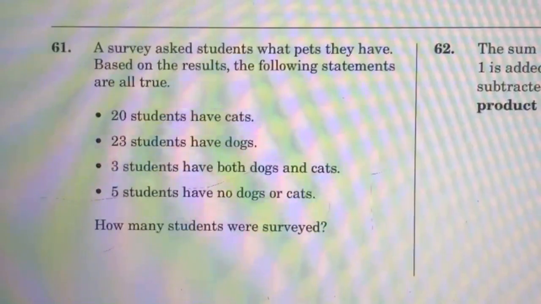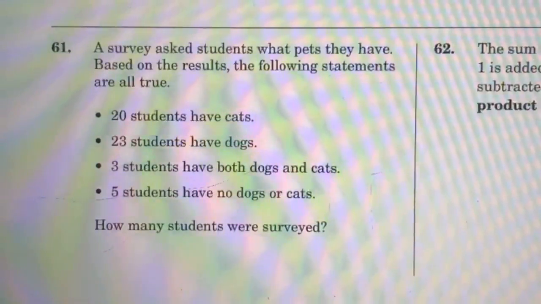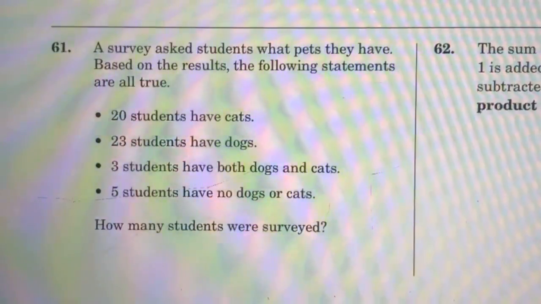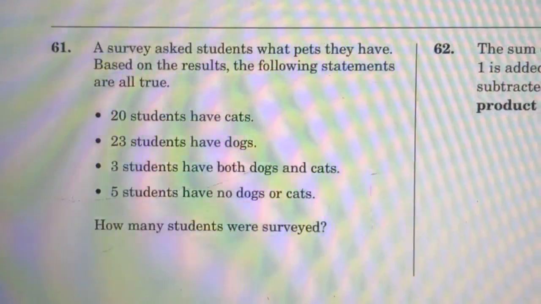So that's 17. 23 minus 3. So we got 20. So we got 17 plus 20. So then I'm guessing you have to add 45. There you go. You guys are all on the same page now.